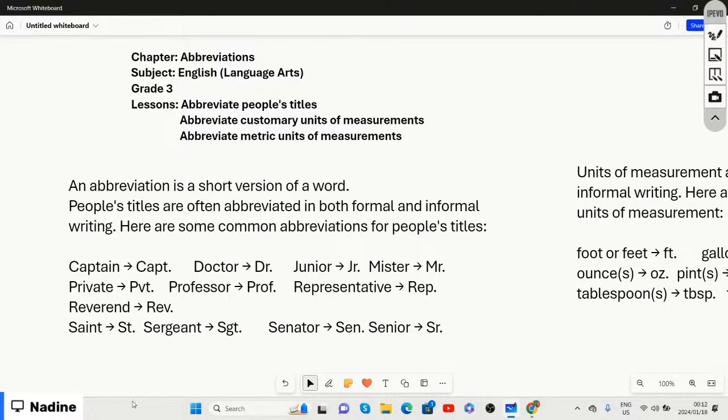Sometimes we also call someone captain that works at, for example, a police station. So then they want to be addressed as captain. Remember abbreviations? We start writing abbreviations with a capital letter.